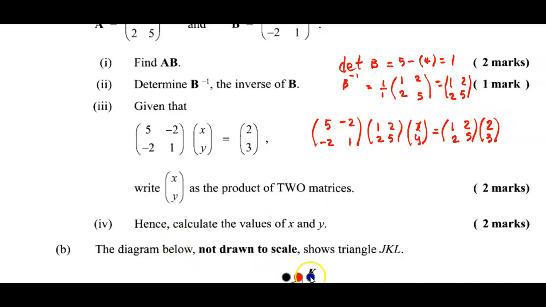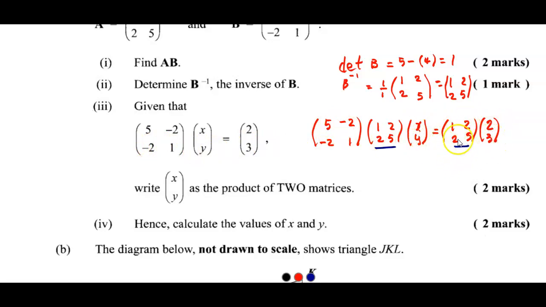So nothing really changes with the matrix here. If you notice, the only thing that we put in is the inverse. We multiply both sides. So we would still have 5, minus 2, minus 2, 1 times xy equals 2, 3.